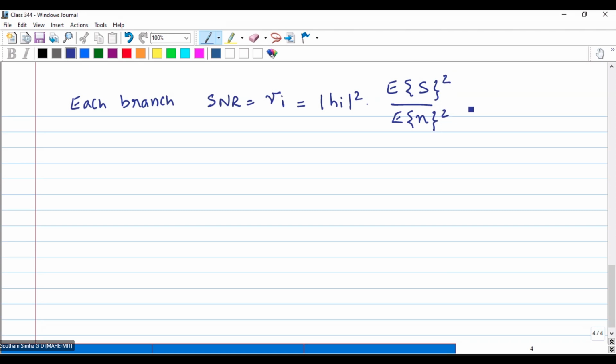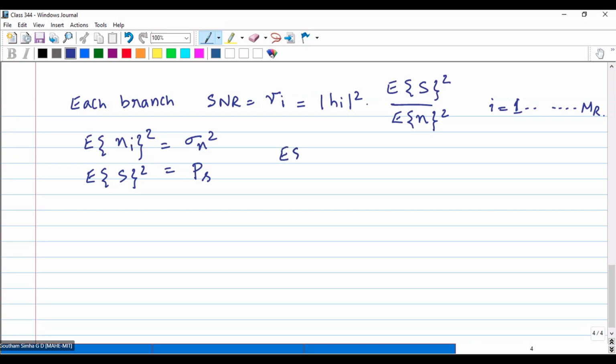If you write i is equal to 1, 2, 3, and so on up to M_R. Now what is this expectation of n_i? You have studied it in your digital communication systems. That is your sigma_n square. Expectation of s square is the power that is radiated, that is your P_S or P or P_T or whatever. With respect to symbol, I am writing it as P_S.